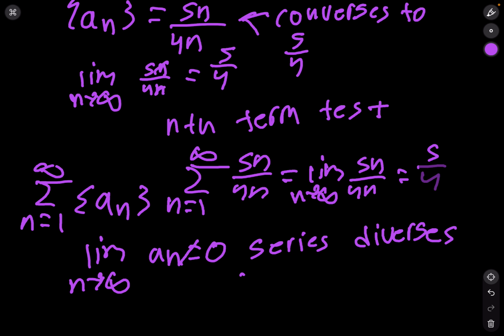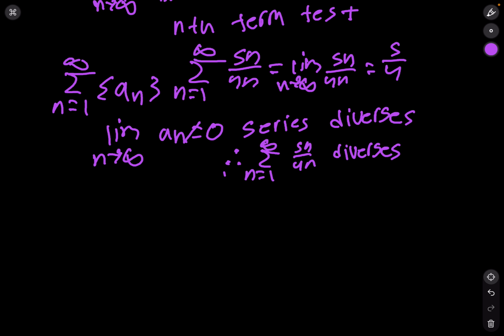Therefore, by the nth term test, the series from n equals 1 to infinity of 5n over 4n diverges. The reason is that by the nth term test, if the limit is not equal to 0, then it diverges. And that's just as simple as that.